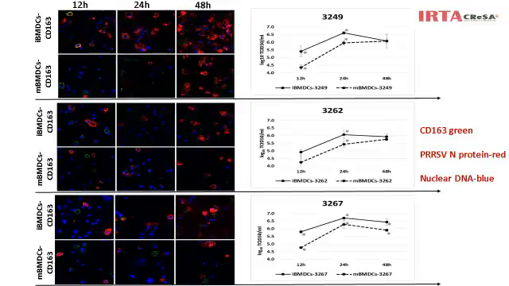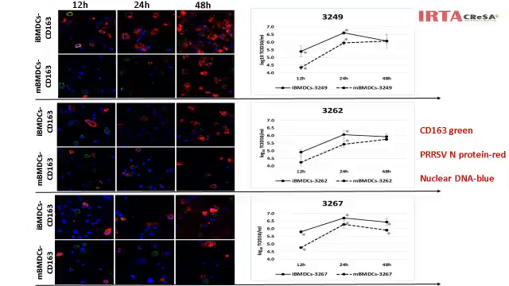The infection was examined at 3 different time points, 12, 24, and 48 hours, in immature and mature bone marrow-derived dendritic cells separately. In the confocal images, macrophages are on the left, the same.